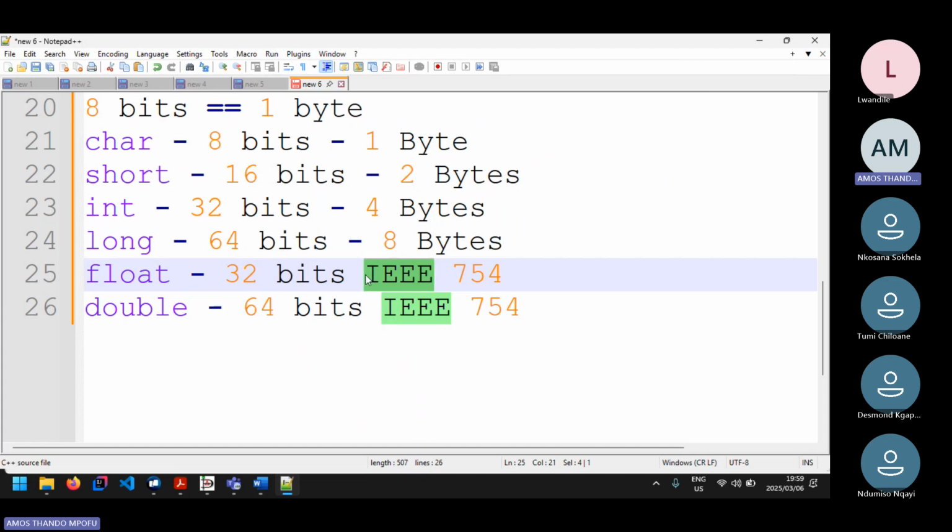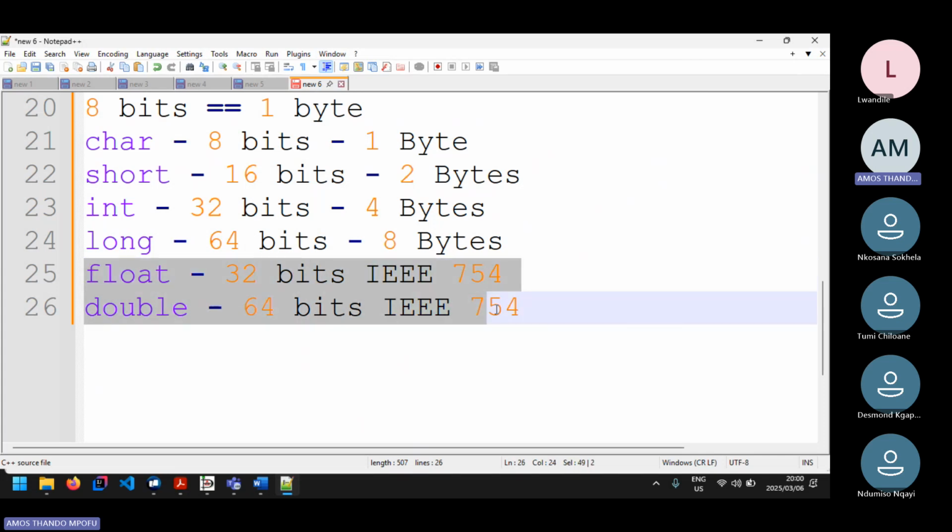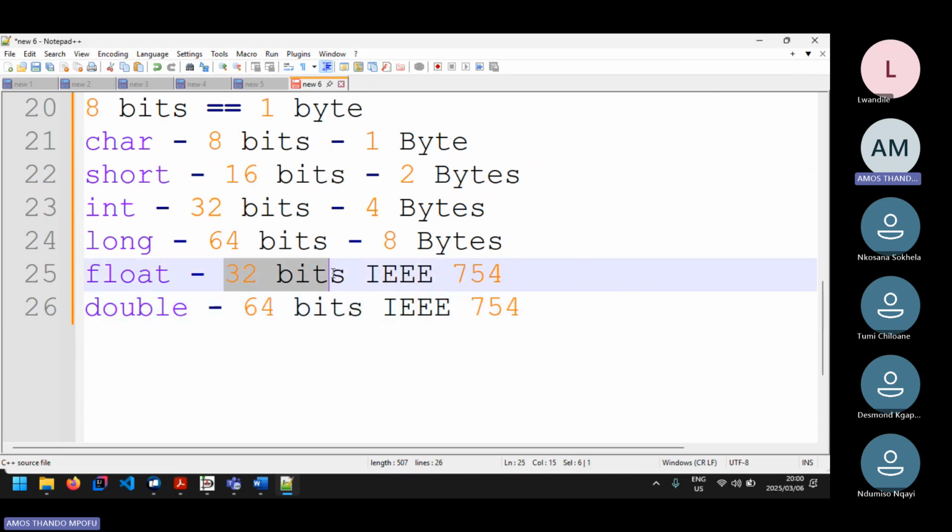So this is referencing the organization that was responsible for coming up with the ranges for these 2 types. It's those engineers, so we're just going to take their word for it. When they tell us float is 32 bits, we need to trust them because they're the ones who made the rules. So these are all the ranges.